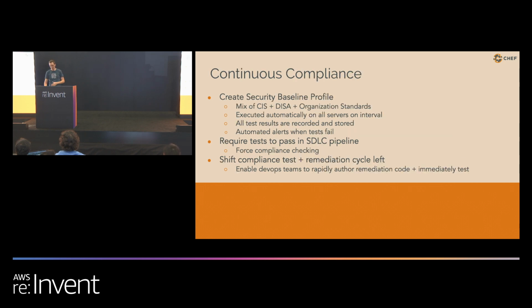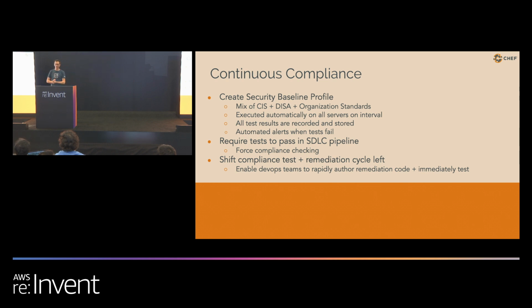So sort of here's the better way, and this is what we'd call continuous compliance. So you would create a profile that contains the standards that your organization cares about, and it can be a mix of CIS or DISA or anything else that you might write.